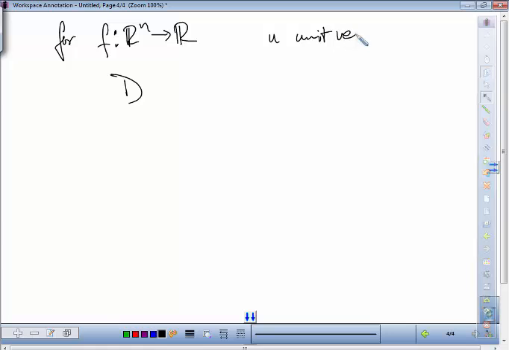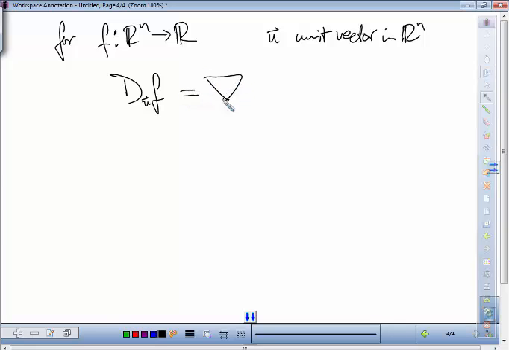Then your directional derivative in the direction of u of that function evaluated at (a, b), or (a, b, c), and let's just not put the evaluation part. Whatever dimension you're in is as many components as you'll have.